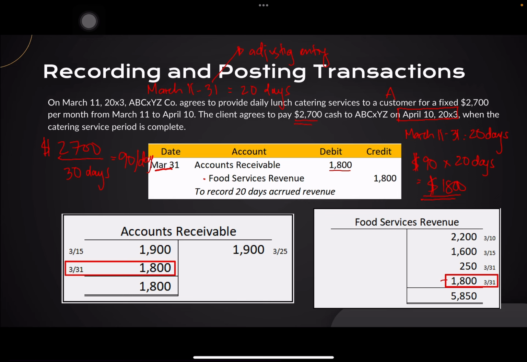Again, the recognition of this type of transaction falls under the accrual basis of accounting. The concept of accrual basis of accounting is that we record revenue when earned, even though cash has not been received yet.